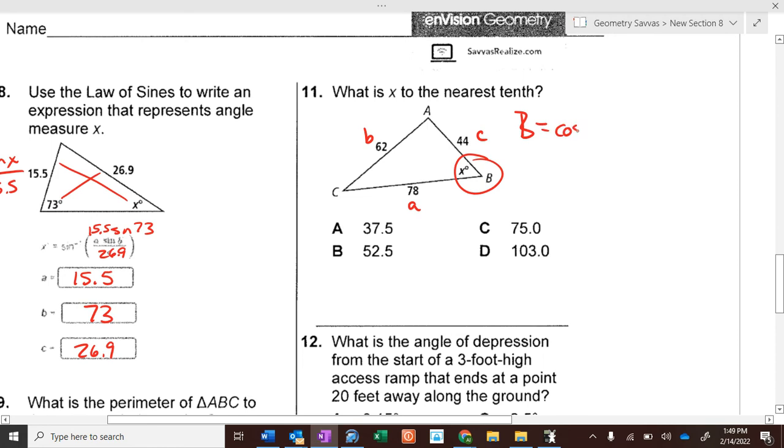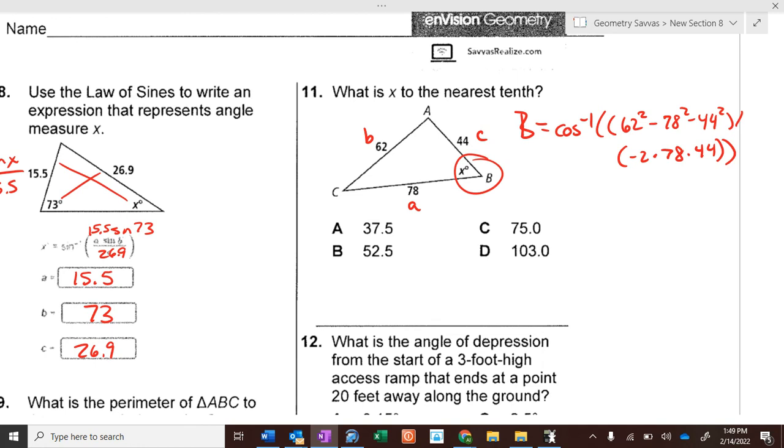So B equals the inverse cosine of 62 squared minus 78 squared minus 44 squared divided by negative 2 times 78 times 44. If you do that, what are you going to get? 52.5. Kind of nice to have multiple choice on some of these, huh?